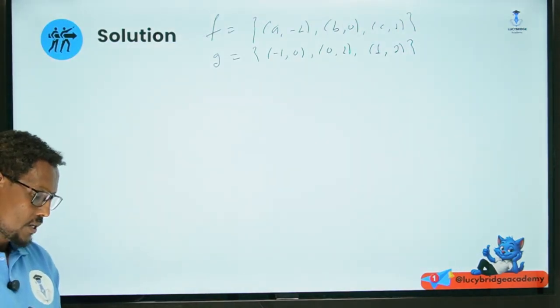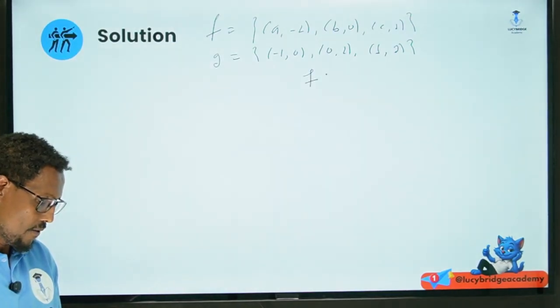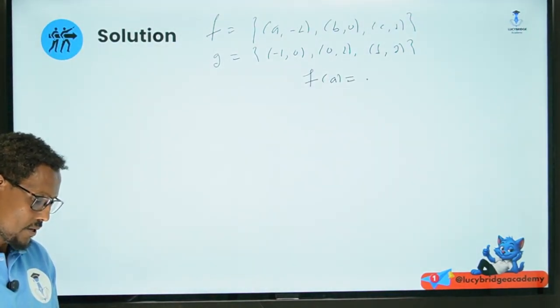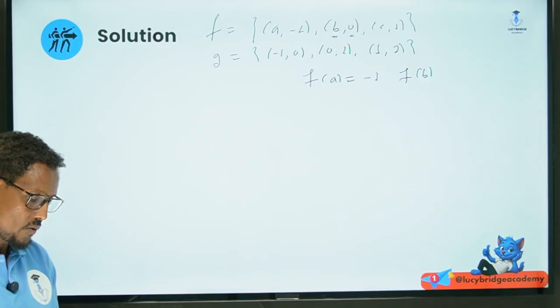Look, F of A is equal to -1. F of B is equal to 0. F of C is equal to 1.